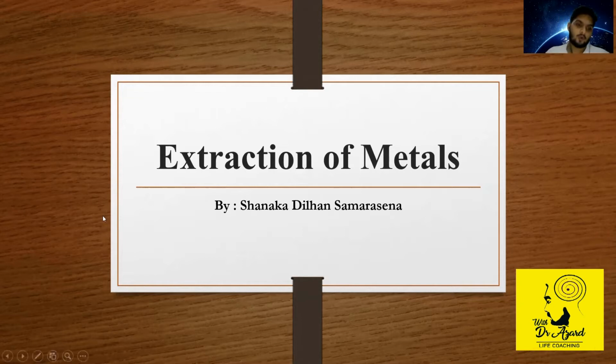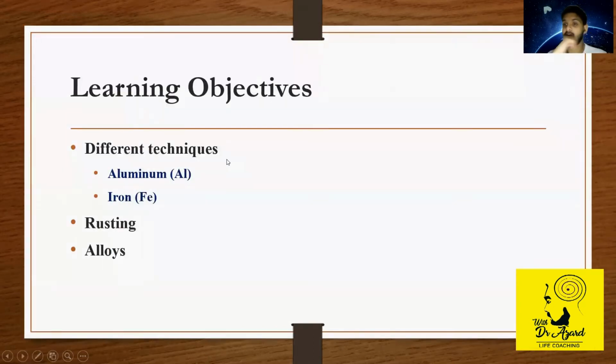In this chapter we'll be discussing the different techniques that we use to extract these metals in the reactivity series, and also an application of this reactivity series, which is rusting.